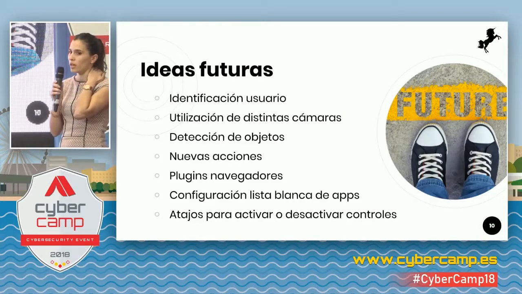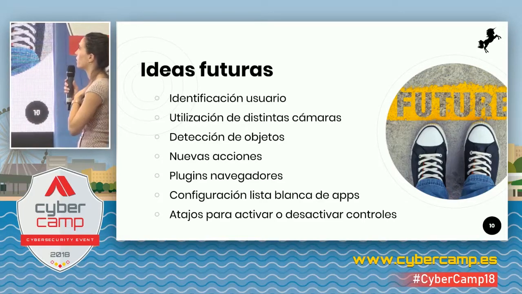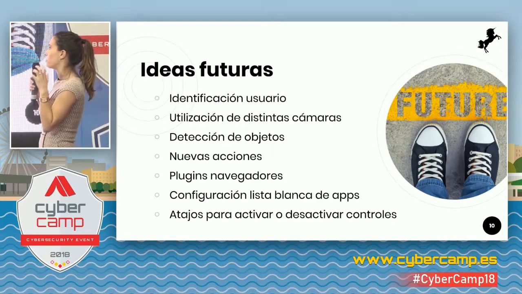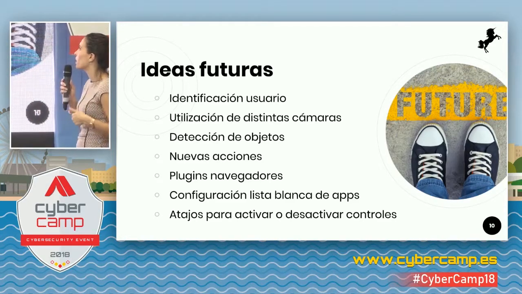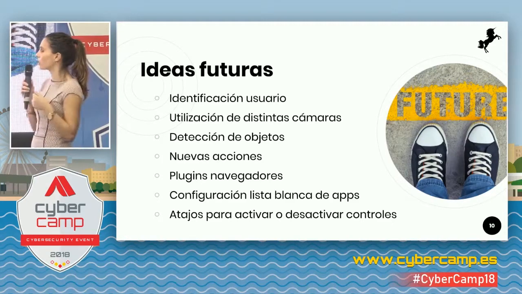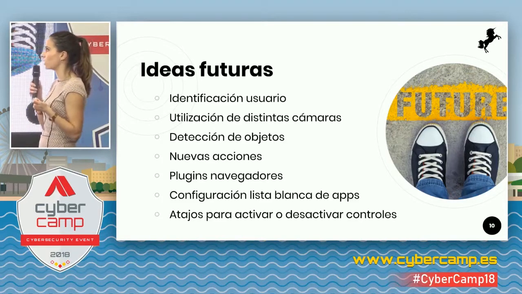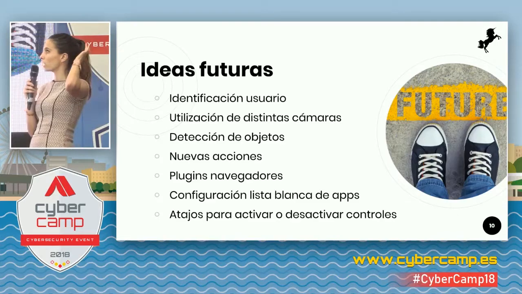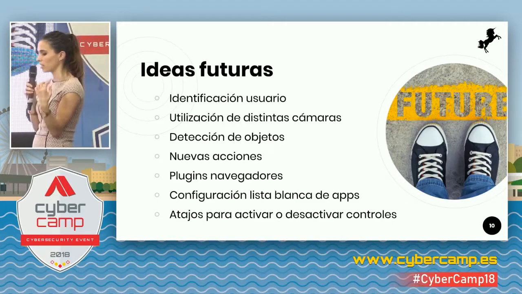What are good ideas for the future for this? Identifying the user. We didn't have time to include that, unfortunately, because the ISO is more complex than face recognition. The second idea would be using different cameras for depth and angle change, or to know if there's a camera behind recording.